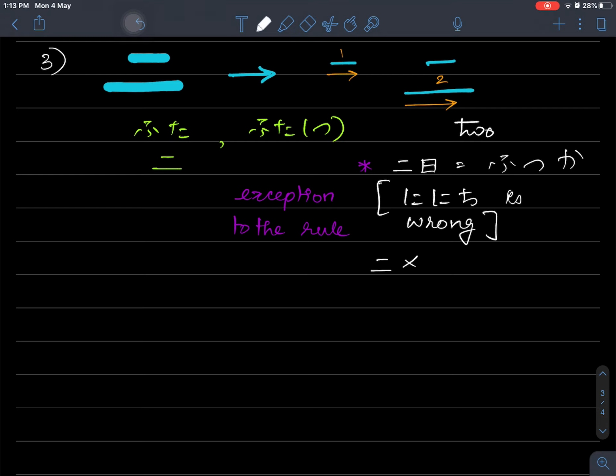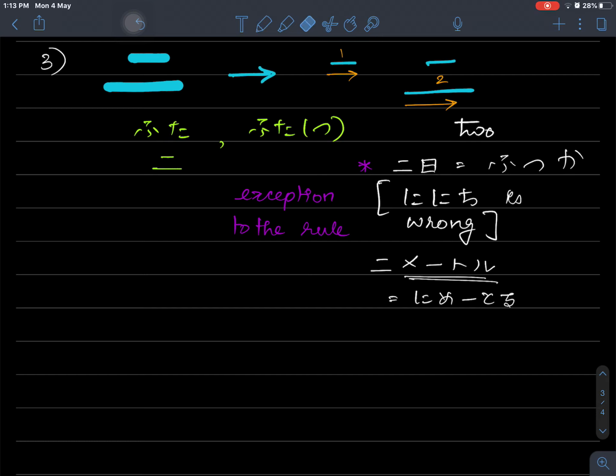So this is entirely in katakana, because the word here is a loan word borrowed from English. This is read as... I'm just writing it in hiragana so that it becomes easy for people to pronounce. Otherwise, you don't write it like this.